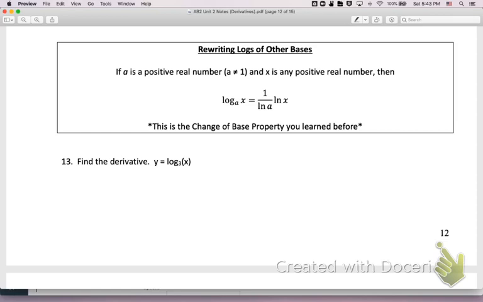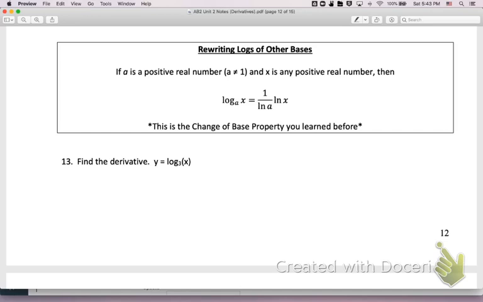We don't want to have to worry about memorizing rules for all the other bases. So instead, we're going to use the change of base property to rewrite the log. So if I want to find the derivative of y equals the log base 3 of x, I want to convert this to natural log.